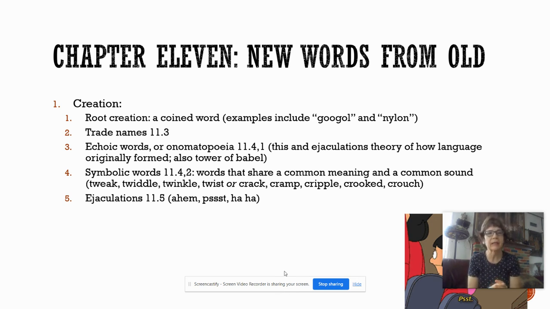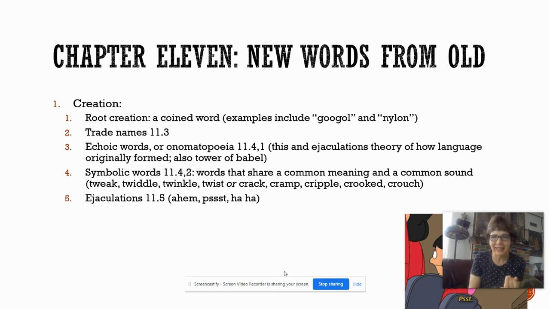So chapter 11 concerns the way that we create new words from old. One way we can expand the vocabulary, obviously, is bringing in new words. But another thing that we can do is create new words from old, and we do so by several different methods.